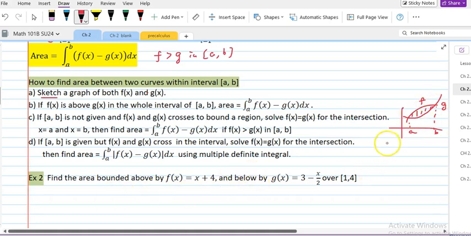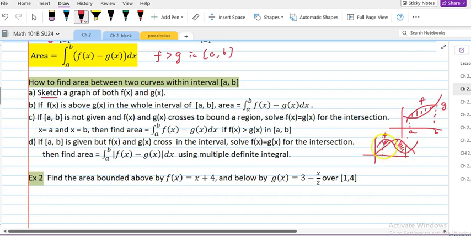In some cases you actually have a and b given, but you don't know which of f and g is above the other. So for example, I have a and b, but f and g cross. So f is above g in the first part, but g is above f in the second part.